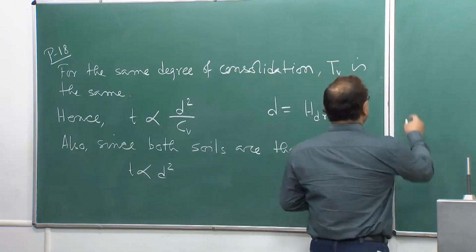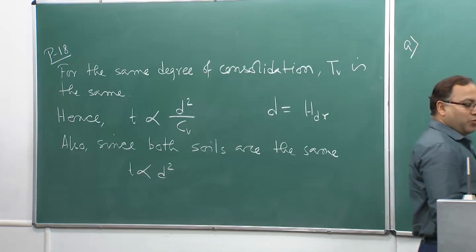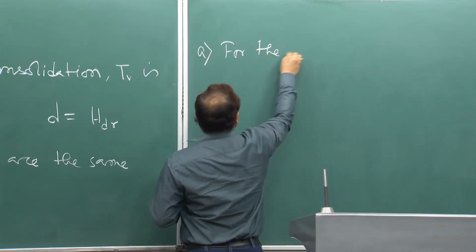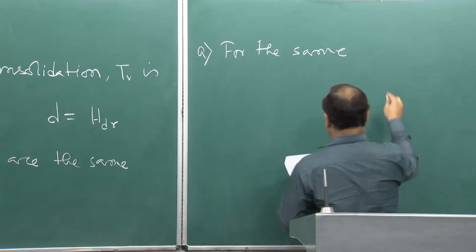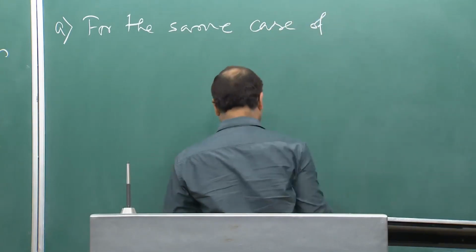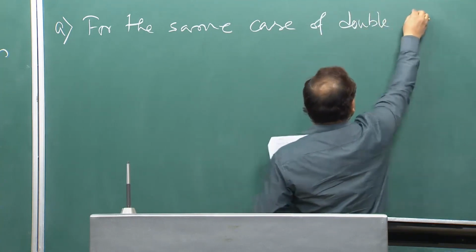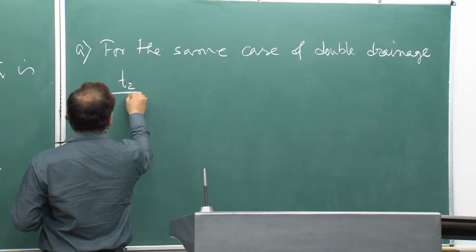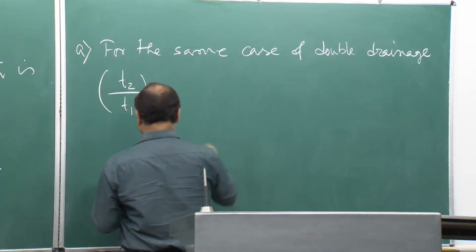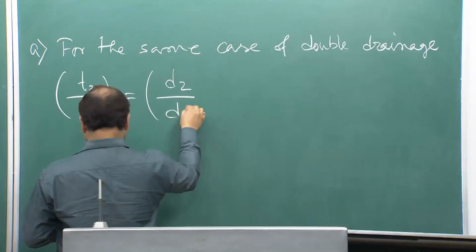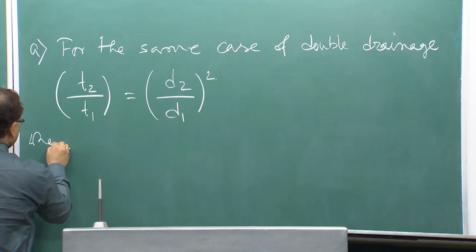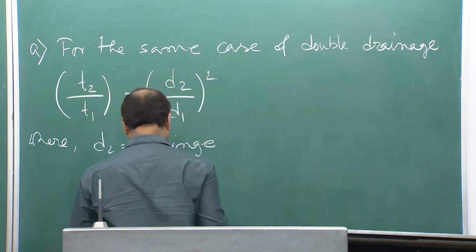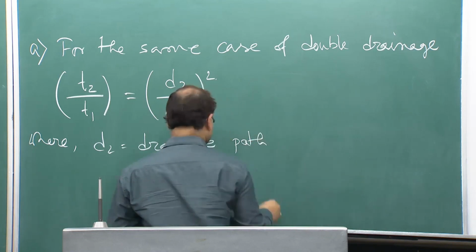So, now for the first statement, that means how much time it takes in the field for the same case of double drainage, that is T2 by T1 is equal to D2 by D1 whole square, where D2 is equal to the drainage path in the field.